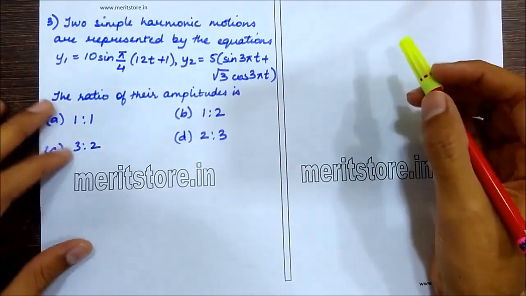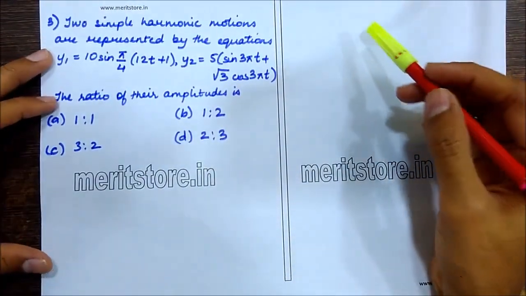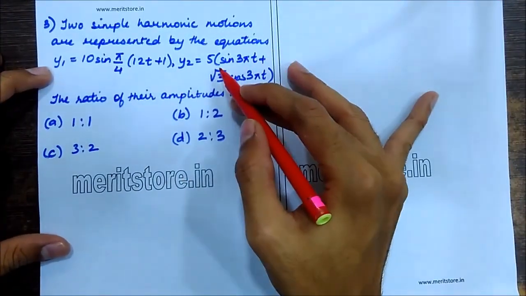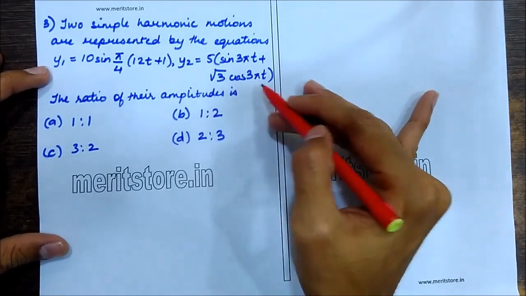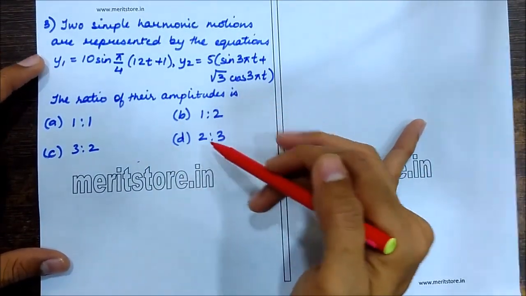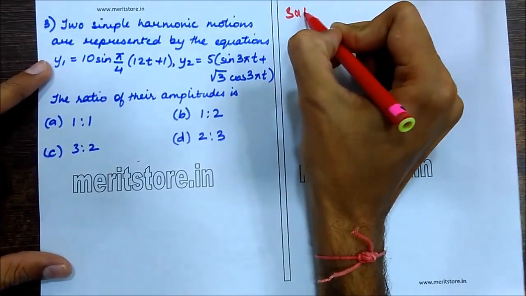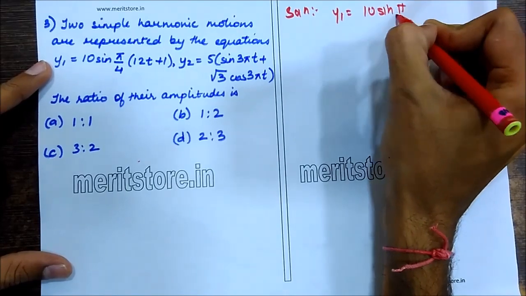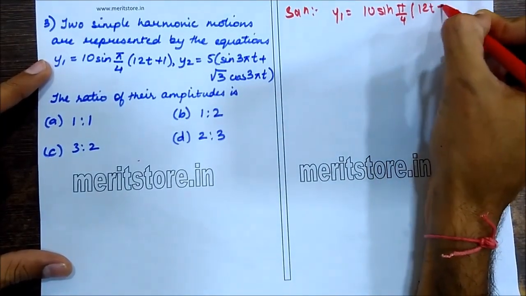Okay, two simple harmonic motions are represented by the equations y1 is equal to 10 sin(pi by 4 (12t plus 1)), and y2 is equal to 5 sin 3 pi t plus 3 cos 3 pi t. The ratio of the amplitudes is 1:1, 1:2, 3:2, or 2:3. So we'll write the equations. y1 is equal to 10 sin(pi by 4 (12t plus 1)).